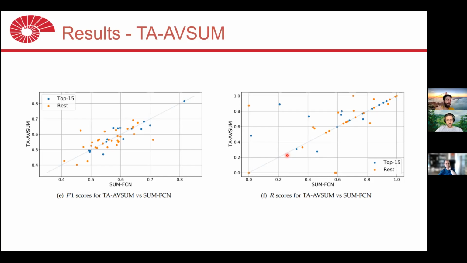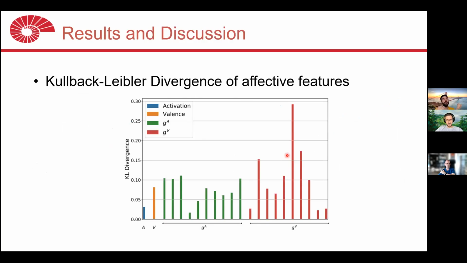After we analyzed the performances on the datasets for top 15 and the rest individually, we were curious how we can explain the performance difference between the affective attributes and the GRU embeddings. In order to understand this, we calculate Kullback-Leibler divergences.